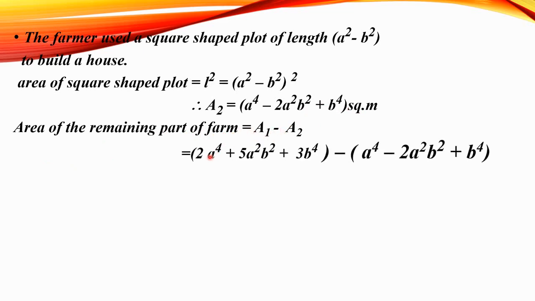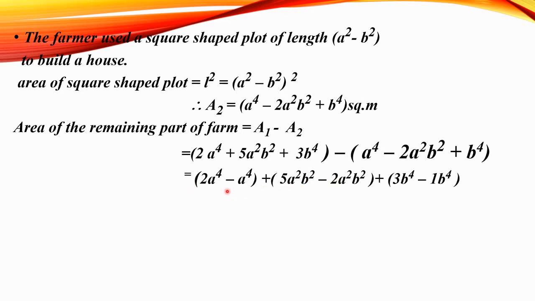So we get 2a raised to power 4 plus 5a square b square plus 3b raised to power 4 minus a raised to power 4 minus 2a square b square plus b raised to power 4. Now when we open the bracket and bring the like terms together, we get 2a raised to power 4 minus a raised to power 4 plus 5a square b square minus 2a square b square plus 3b raised to power 4 minus 1b raised to power 4.